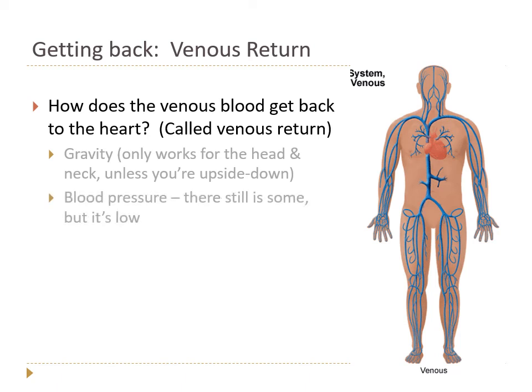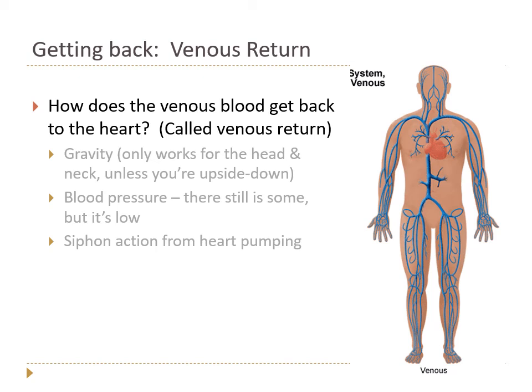There is a little bit of pressure still in the system, a little bit of pressure transmitted through the capillary bed from the arterial end, but it's really quite low. You can see I've grayed these out because they're not significant factors. And then finally, some siphon action from the heart pumping.